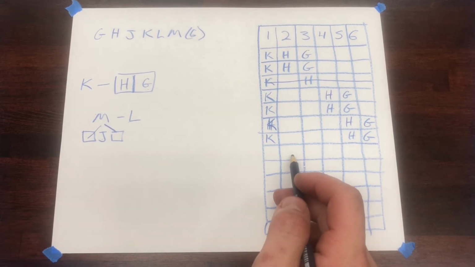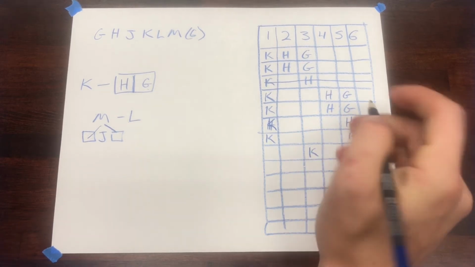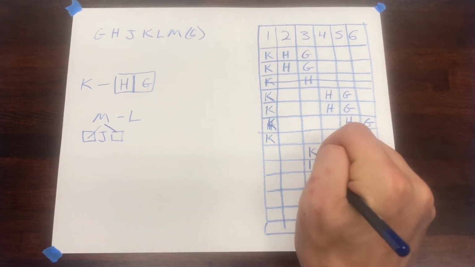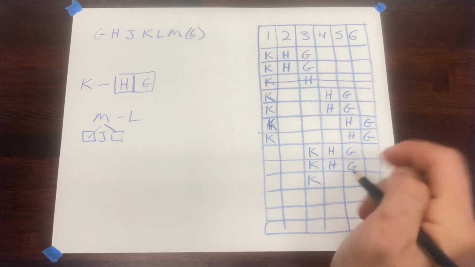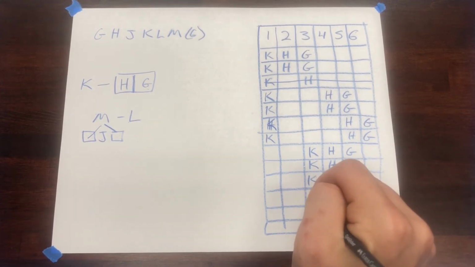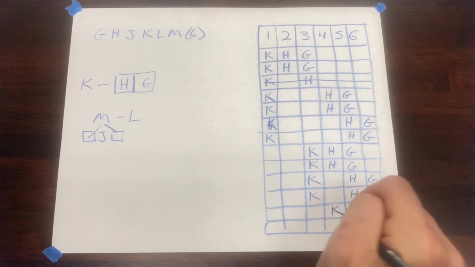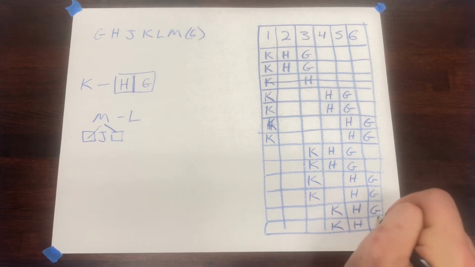So there's no way that K can be in 2. So I'm going to put K right in 3, save myself the boards so I don't have to scratch them out. And again, I'm making 2 of everything still. K, H, G.